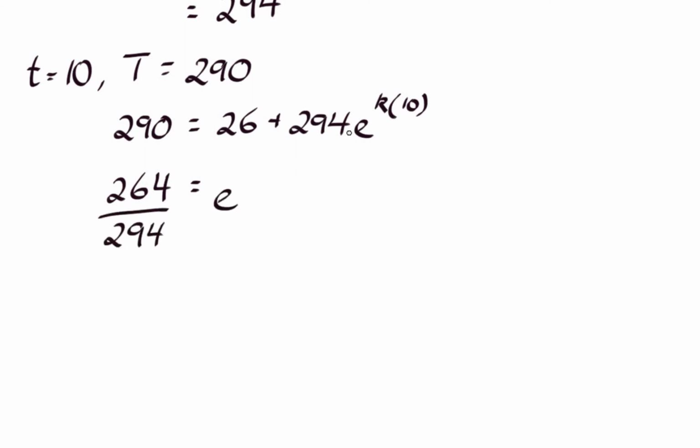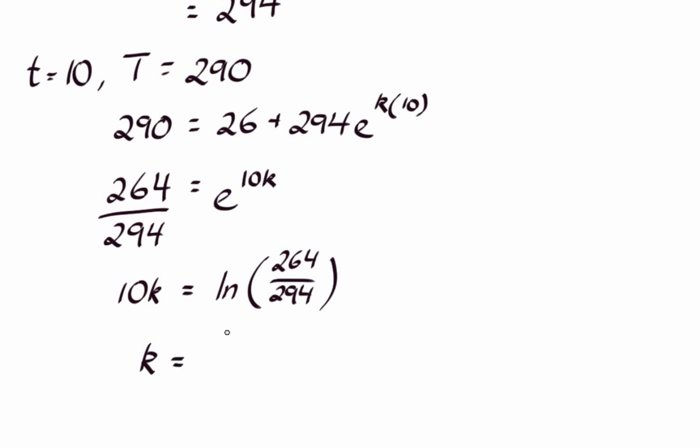And on the right, we are now just left with e to the power of 10k. Taking the natural log of both sides will leave us with just 10k. Do a little switch. And when we divide by 10, we'll get our answer.